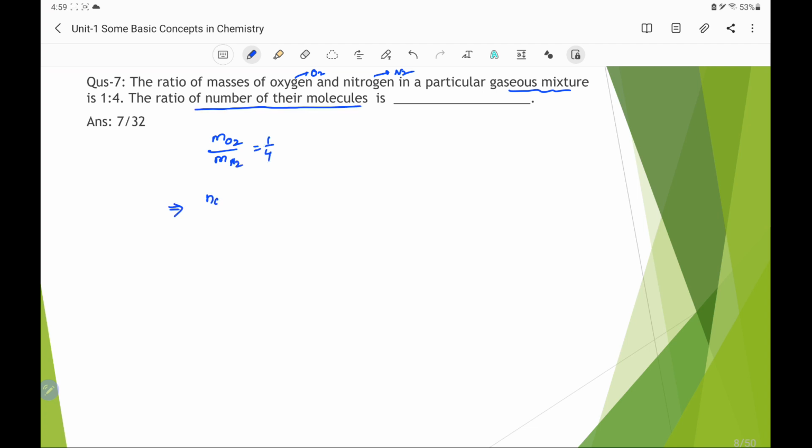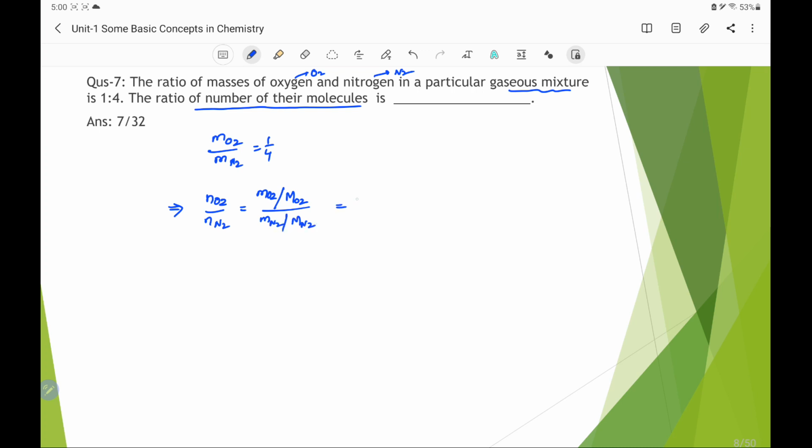The number of moles of oxygen divided by the number of moles of nitrogen, because we have to find the ratio of their molecules, will be equal to the weight of oxygen divided by its molecular weight, and similarly the weight of nitrogen divided by its molecular weight.